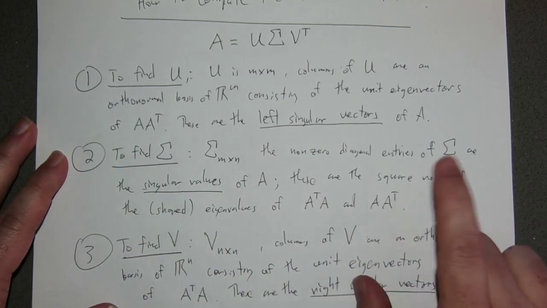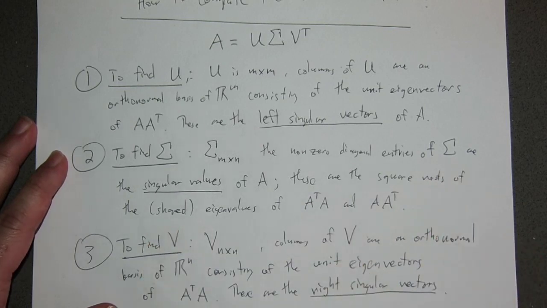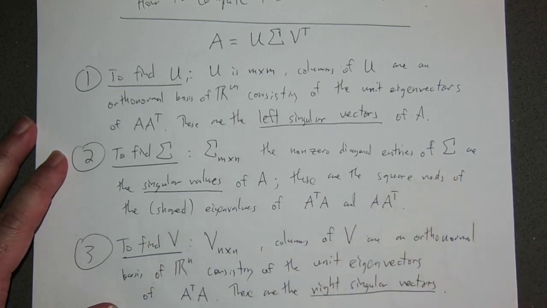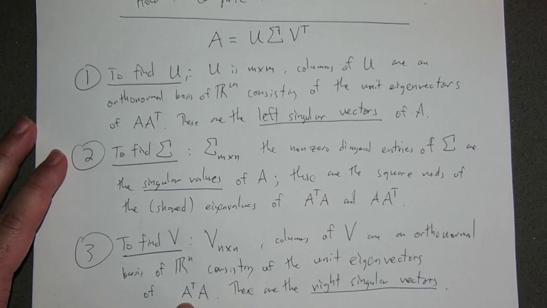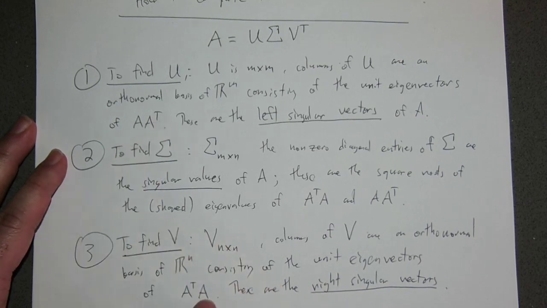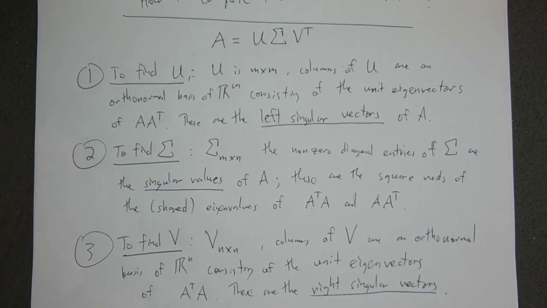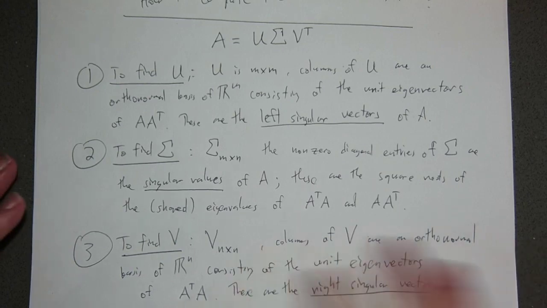It's the square roots of the shared eigenvalues between these two things. So the square roots of the eigenvalues, that's my singular values. Finding V is similar to finding U. It's just that instead of looking at A A transpose, I'm looking at A transpose A. All right, so that's how this works.